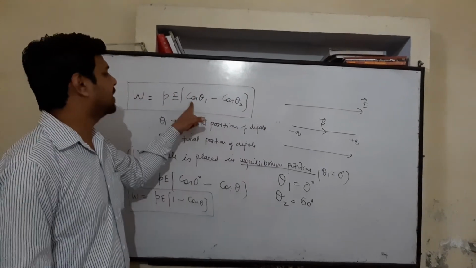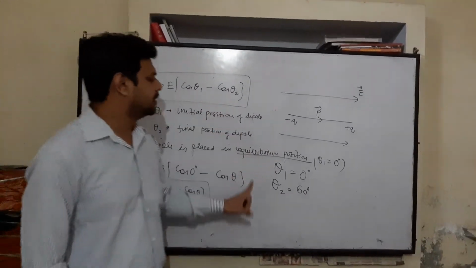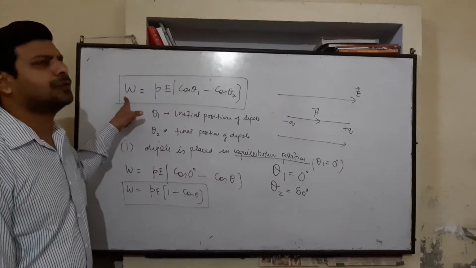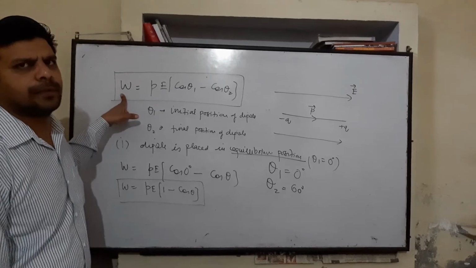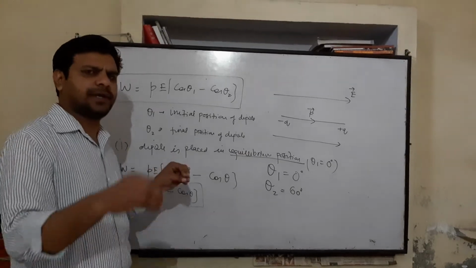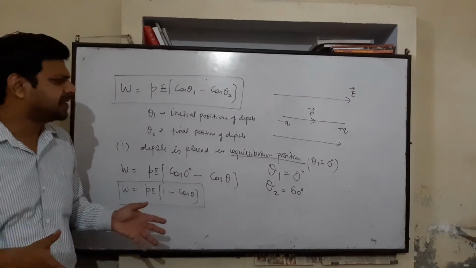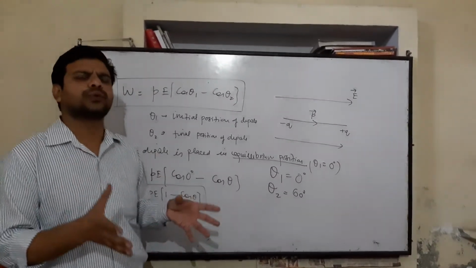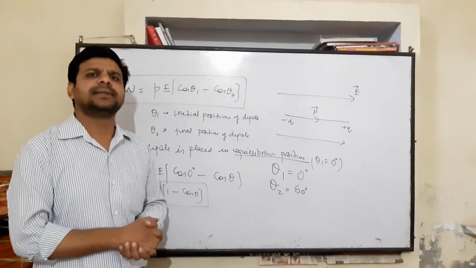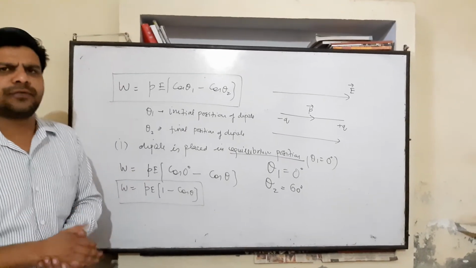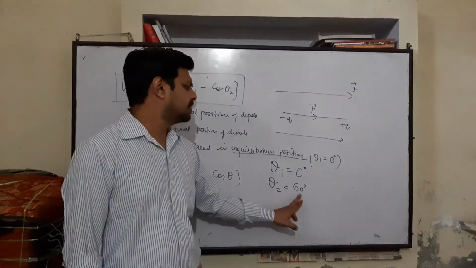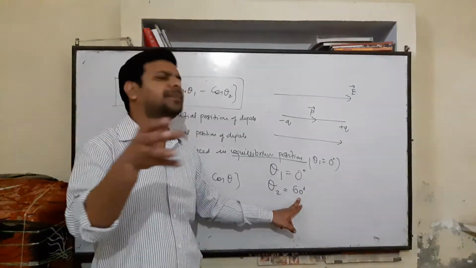Then place theta 1 equal to 0 degrees and theta 2 equal to 60 degrees in this formula, and you can calculate the amount of work done in rotating the dipole. Clear? This is a very important part. If in any question the statement is like this, a dipole is rotated through 60 degrees or 30 degrees from its equilibrium position, then it means the initial position of the dipole will be 0 degrees and the final is 30 or 60, whichever is mentioned in the question.